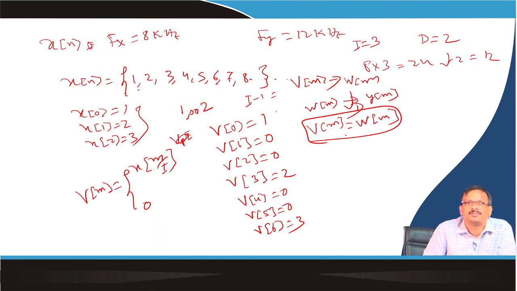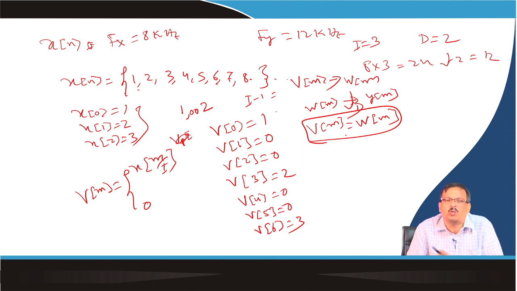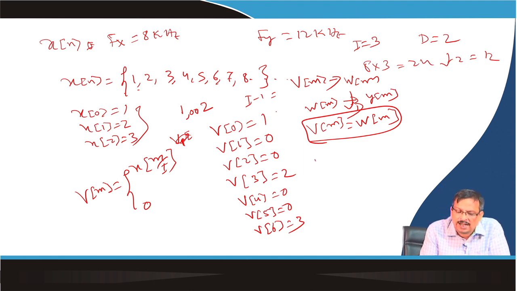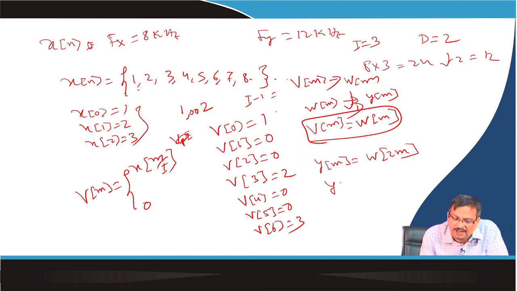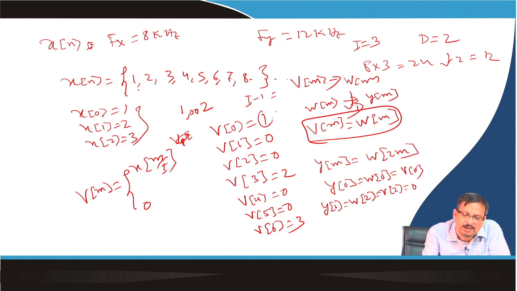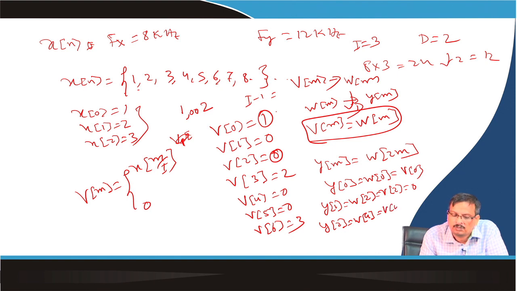The filter basically multiplies V of m with 1. So now I can say Y of m is equal to W of 2m, because D is equal to 2. So I am selecting samples: Y0 is equal to W0 is equal to V0. Y1 is equal to W2 is equal to V2, which is equal to 0. So I am selecting this sample, then Y2 is equal to W4, which is equal to V4, which is 0.